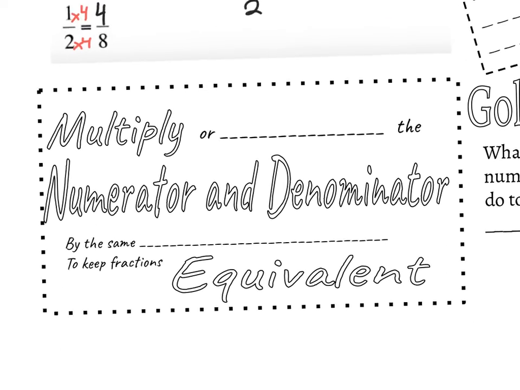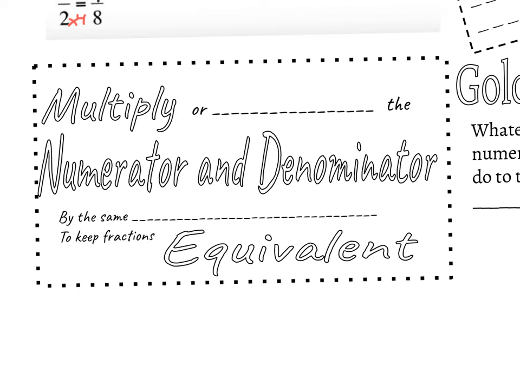Which brings us to kind of our idea or our process as we go through. So when we are changing equivalent fractions between their different forms, we are going to always multiply or divide the numerator and denominator by the same number to keep the fractions equivalent.